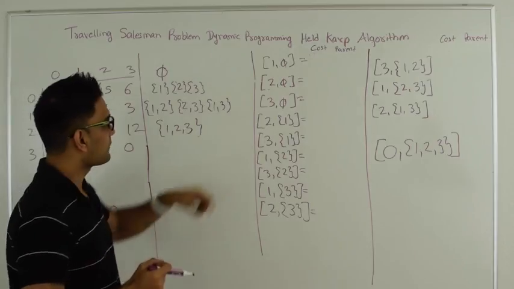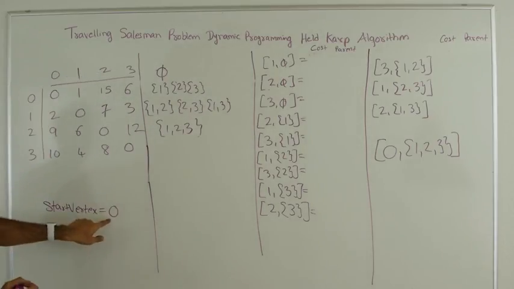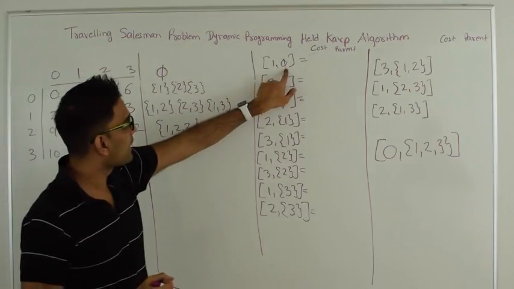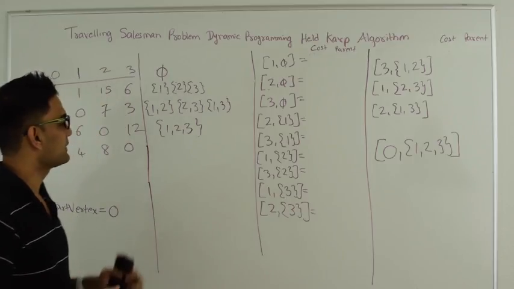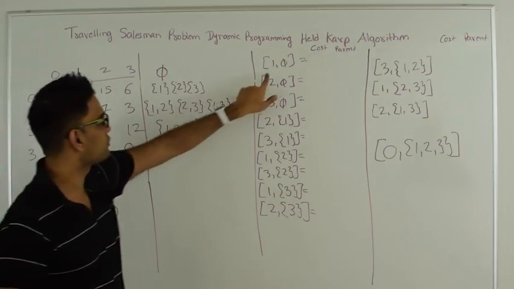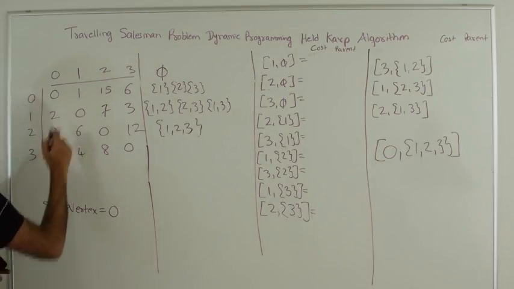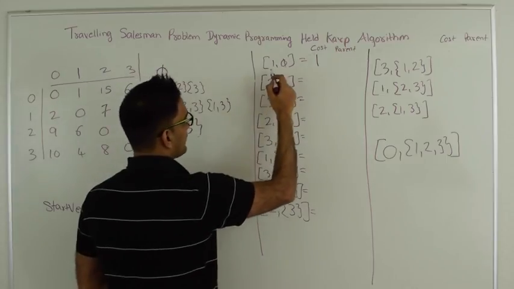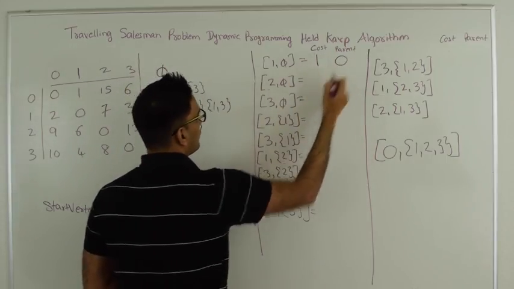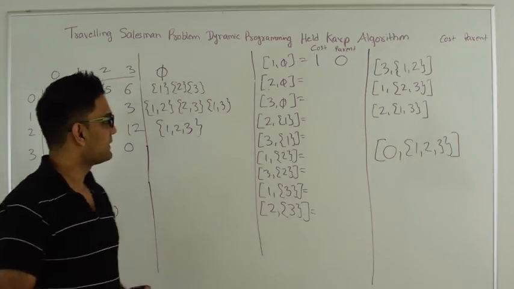Here we are trying to find the minimum cost to reach 1 from our start vertex 0 going via the empty set. Since there are no vertices in the empty set, this value is basically the cost to reach 1 via 0, which is 0 to 1, so 1. And here we indicate that we are reaching 1 from 0. This parent will be useful in finally building the traveling salesman tour.